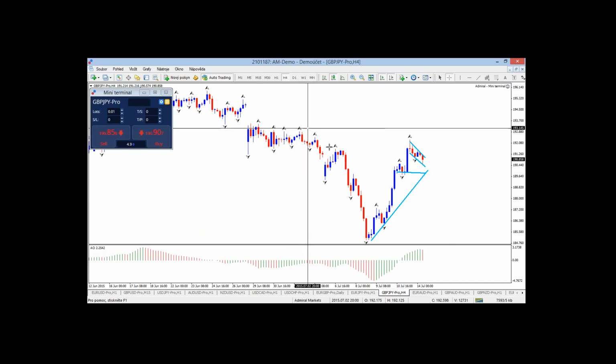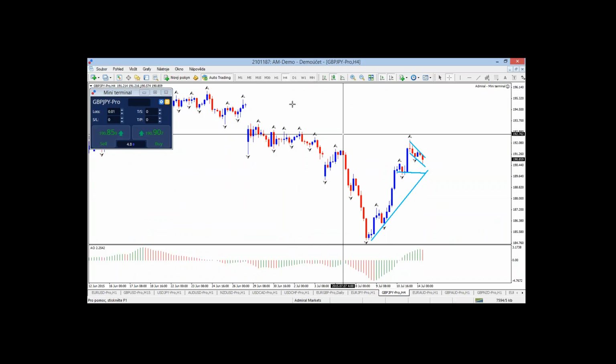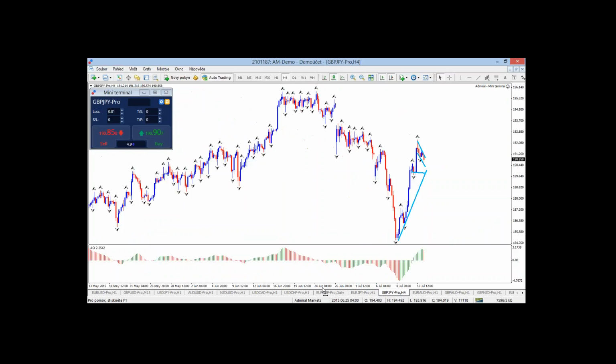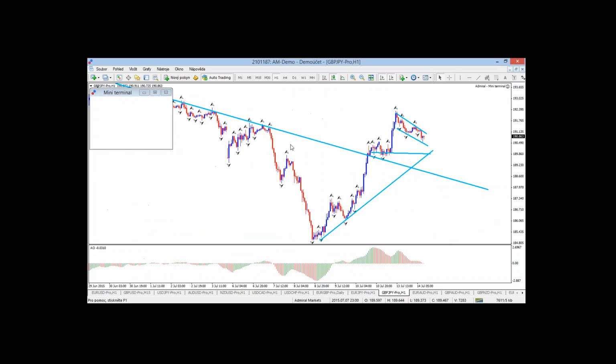But anyhow, to recap, basically from a 4-hour perspective, we broke above this resistance trend line with a good momentum, and the momentum is still going on. And I'm trying to see if there's one more push available. Probably that would be the last one.